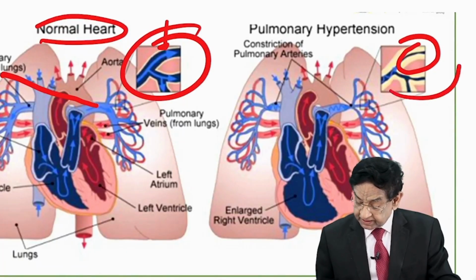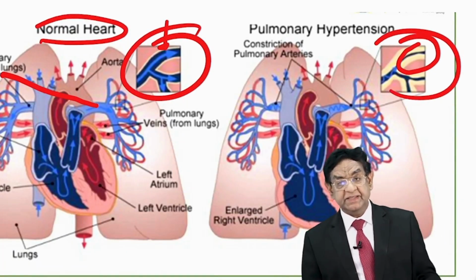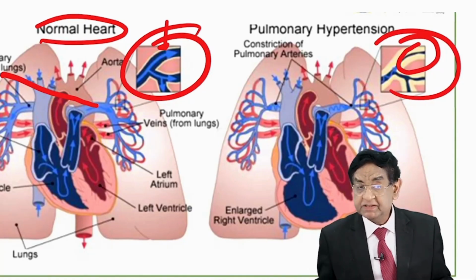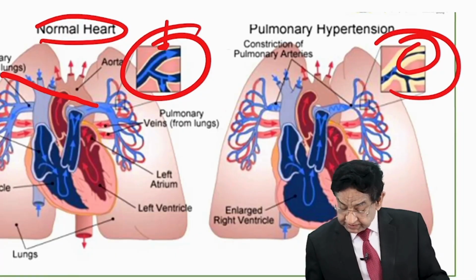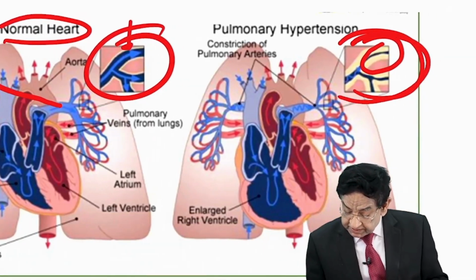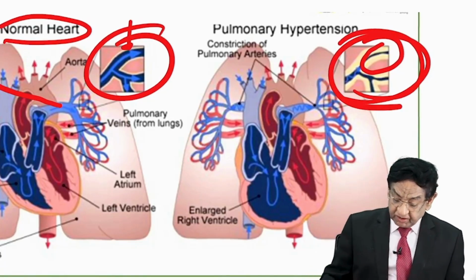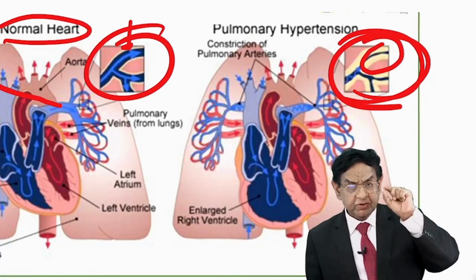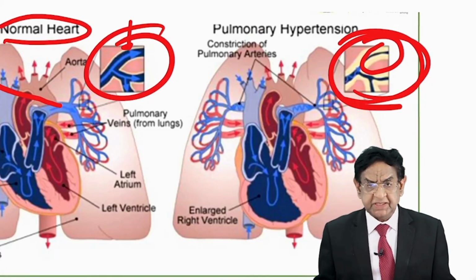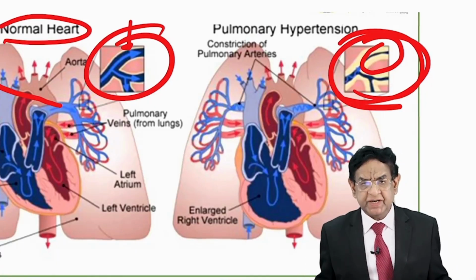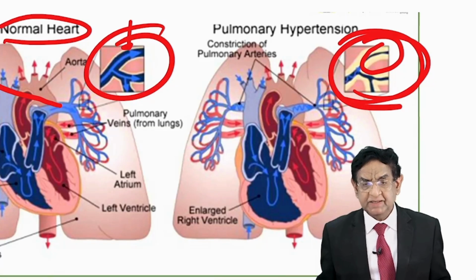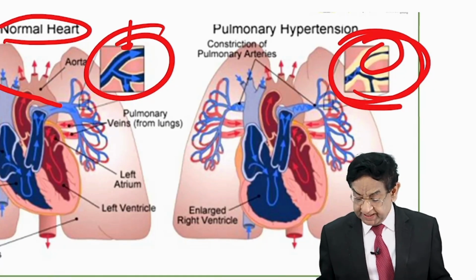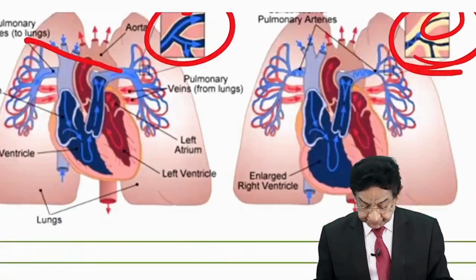Just see, that's the indication of constriction. And what you get is the classical finding of pulmonary vessel constriction, which can give you a tuft of plexiform lesion, which is diagnostic of PAH. Okay.